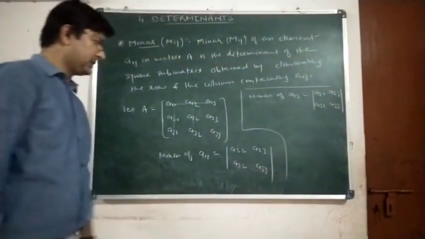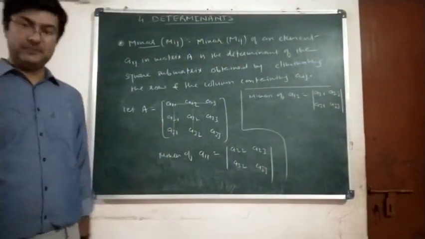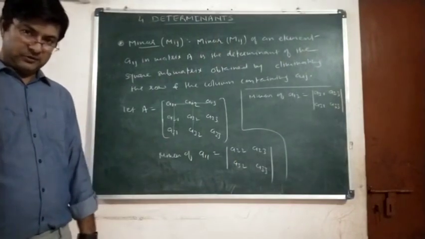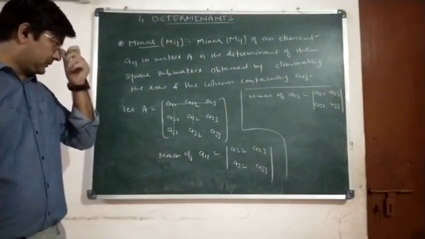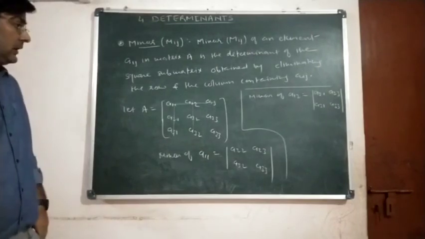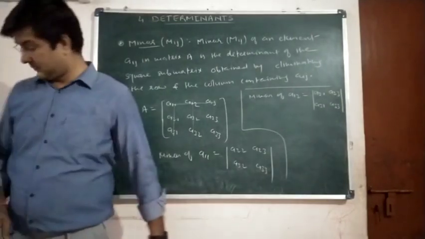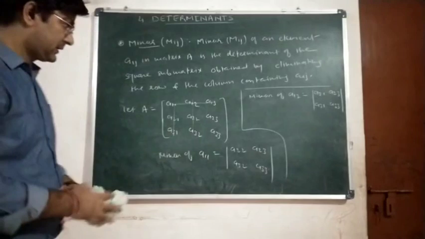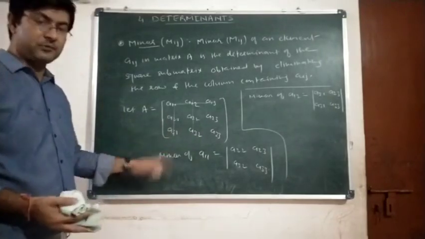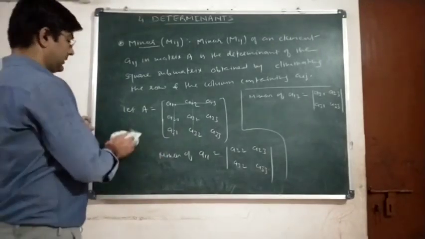Clear? So in this way you can obtain the minor for all the elements. Yes or no? Now let us take one example, some matrix containing some values so that it becomes more clear to you what is the minor.